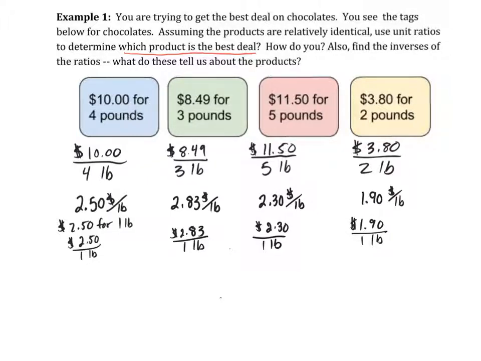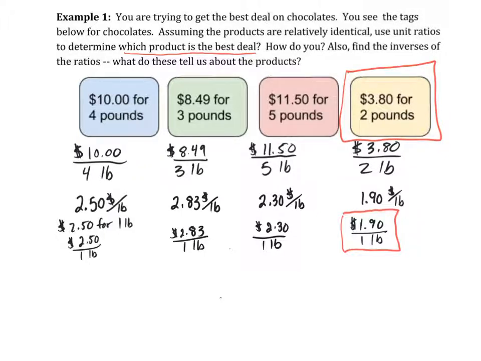If I'm trying to buy chocolates, I don't want to pay that much for each pound. So I would make the argument that this last ratio, $3.80 for 2 pounds, gives me the best deal, because each one of these is the price for 1 pound, and this last tag has the least amount of money, $1.90 per pound.